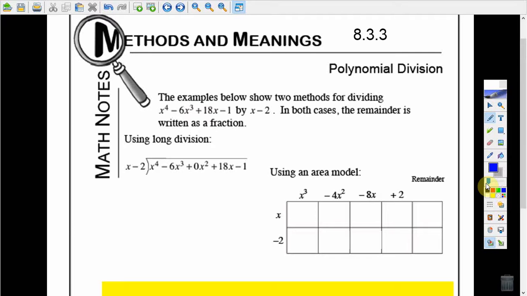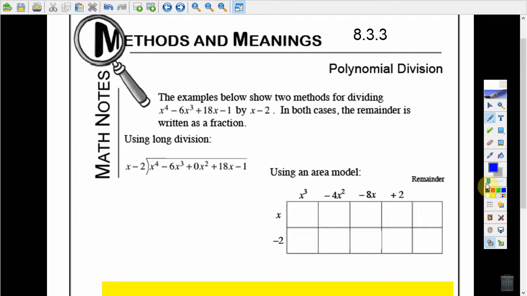So the examples below show two methods for dividing this fourth degree polynomial by x minus 2. In both cases the remainder is written as a fraction. From the last notes we know we could check whether or not 2 is in fact a root by plugging in 2.